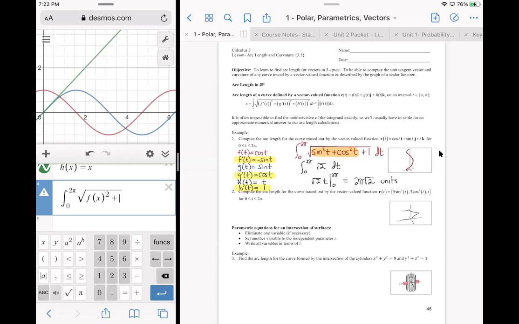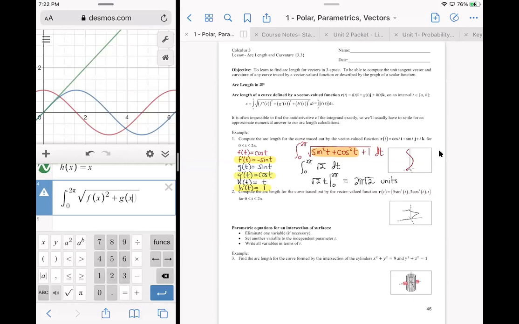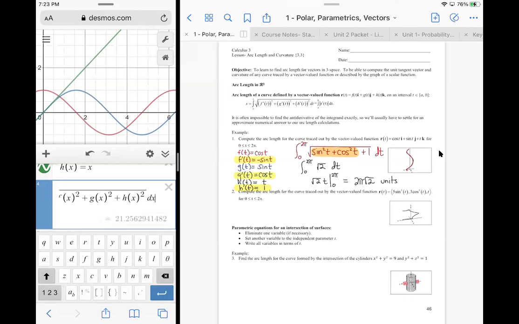Plus. All right, and so we get that, which may or may not be right.